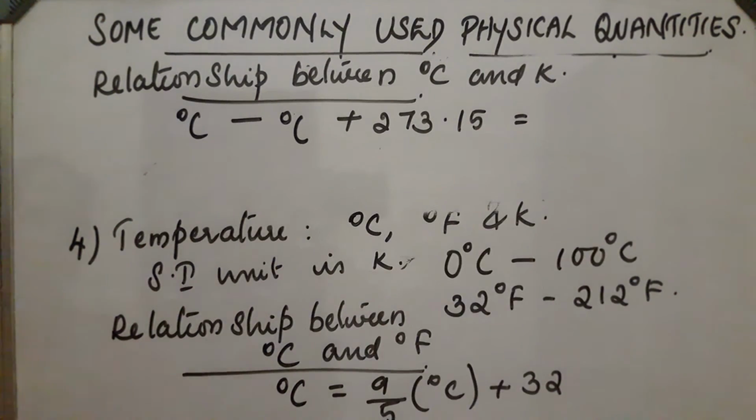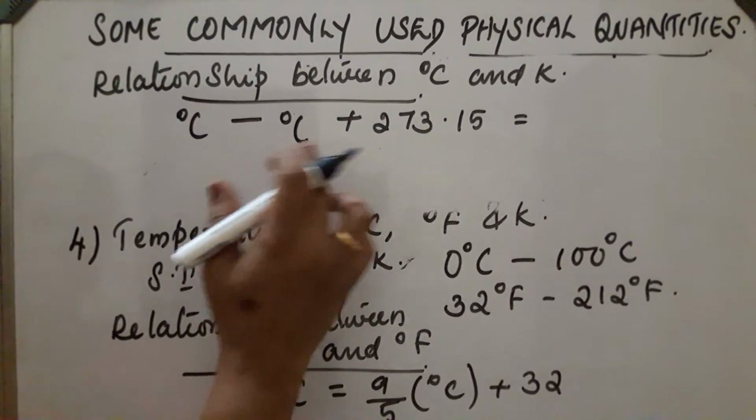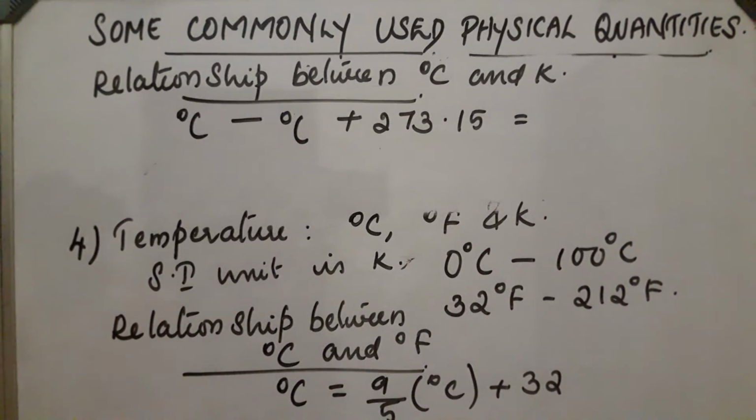This much Kelvin will be the value. So, if we want to convert, we have to add 273.15 to the value of degree Celsius. Then we will get the value of Kelvin.